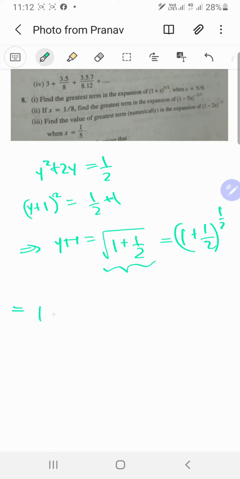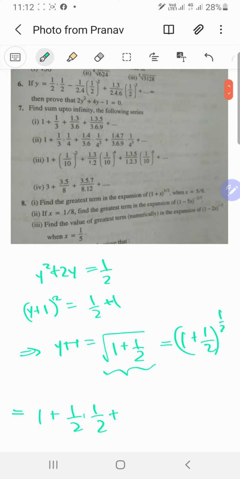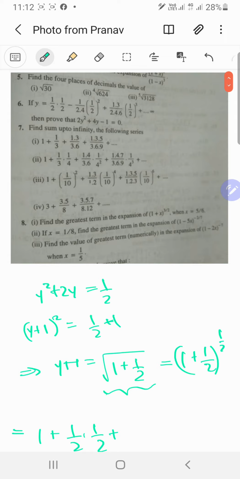It's going to be 1 plus 1 by 2 into 1 by 2, then 1 by 2 minus 1 is 1 by 2 into minus 1 by 2, so that would be negative, unfortunately. Hey, that's not correct. Wait, so what now? Okay, this has got to be 1 by 2 over there.